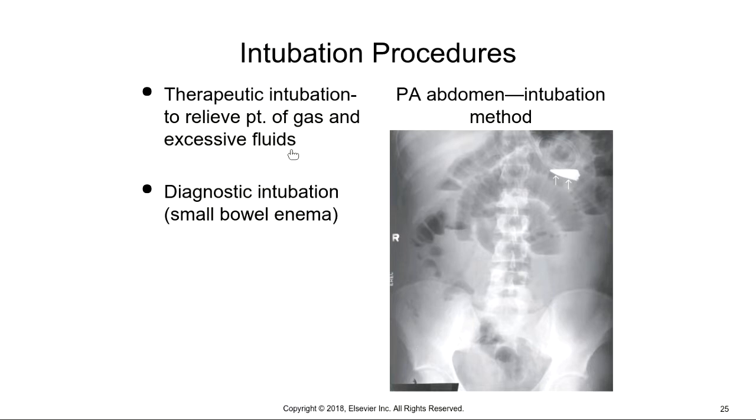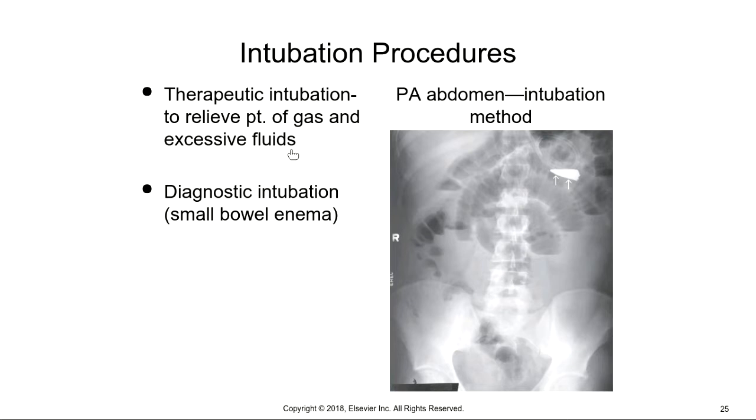Instead of forcing them to pass through on their own, you can just suck it out of the patient through that catheter. So that's a therapeutic intubation. If you look in the book on 499, it'll tell you that it's done to relieve post-operative distension, or decompress the small bowel.